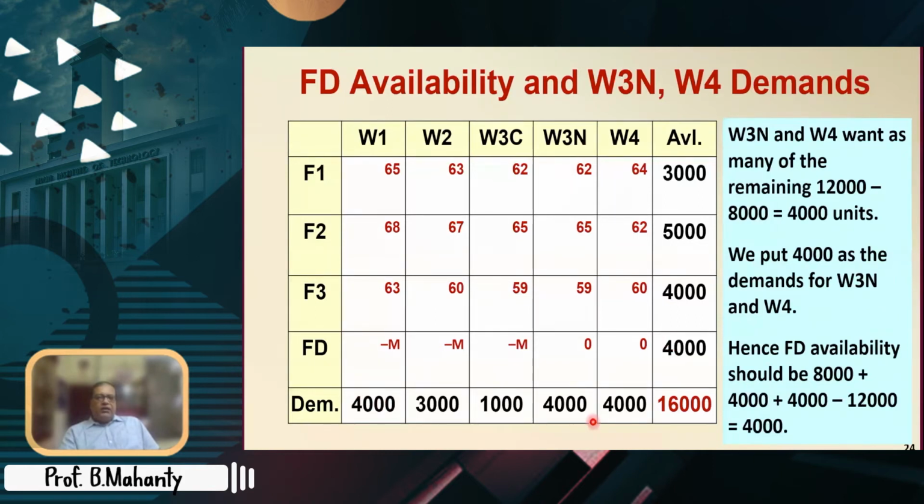Now we have a balanced problem which has 4 factories, one of them a dummy, and 5 warehouses. So 4 plus 5 minus 1, we shall have 8 basic entries. Now we have the transportation matrix, which we shall solve.